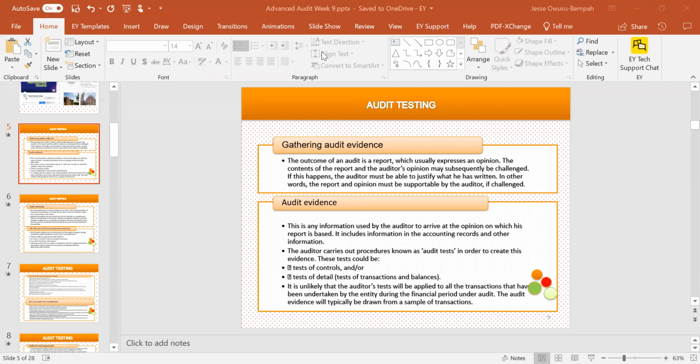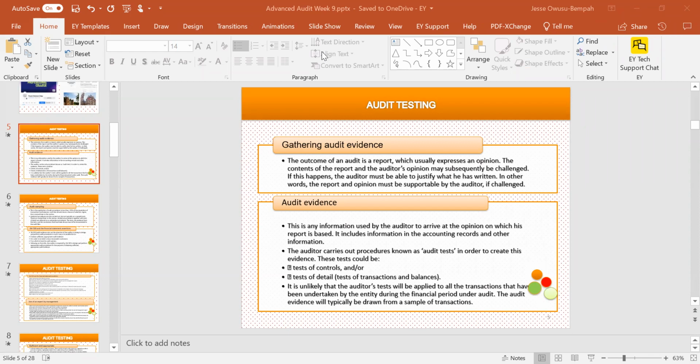So it's just like any other profession, right? Where you would need some form of evidence to support your claim. Before the doctor gives you a drug, it's based on some evidence. And the evidence will be that you told him that you are feeling warm, you are doing this, and he will base his decision on those comments you told him plus his knowledge to give you the drug.